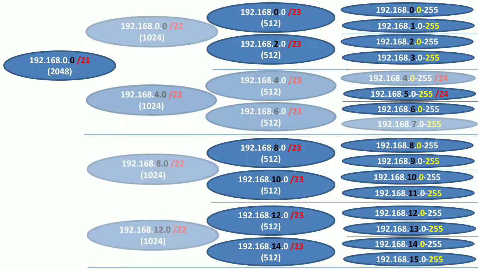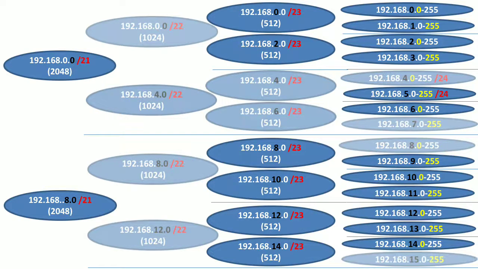And similarly, these two networks can be aggregated and supernetted into one single network of /21, and the network ID would be 8.0, and its broadcast IP address would be the last IP address of the last network, that is 15.255.